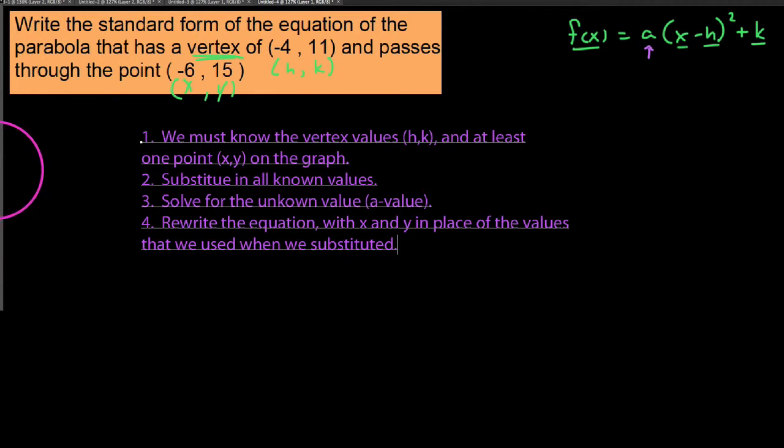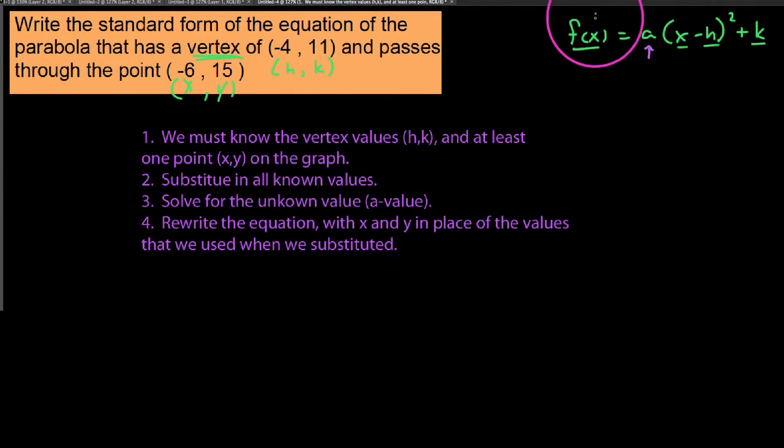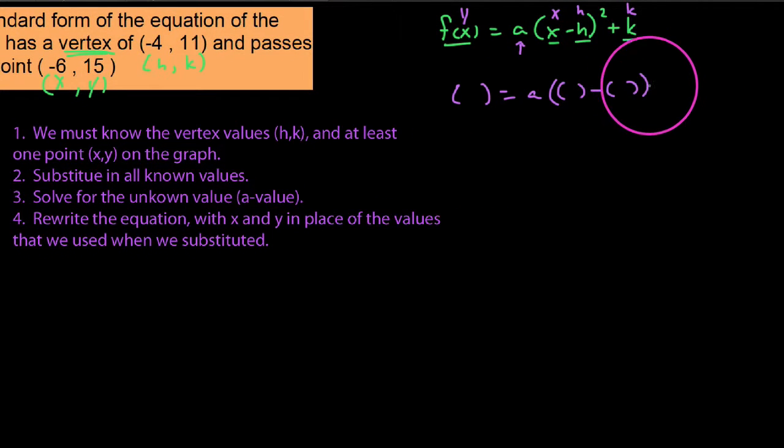Okay, so let me get my pen tool back out here. We'll talk about what we need to do. Essentially, we already know y, we already know an x, we already know an h, we already know a k. So to rewrite this, it's going to look like this: y equals some a that we don't know, times x minus h quantity squared plus k.